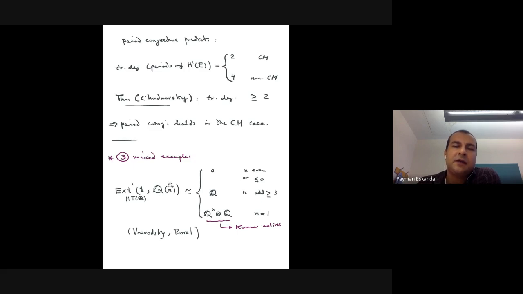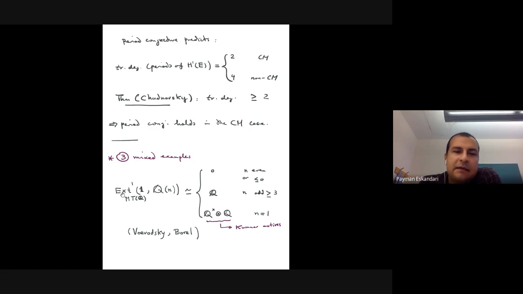Now remember we talked about this object Q(-1), which was H1 of G_m. Now Q(n) is the nth tensor power of Q(1), and Q(1) is the dual of Q(-1) here. So this is an object that has weight -2n. Okay? Q(-1) has weight 2, and this has weight -2n.